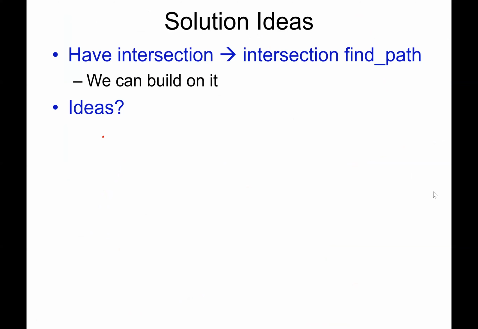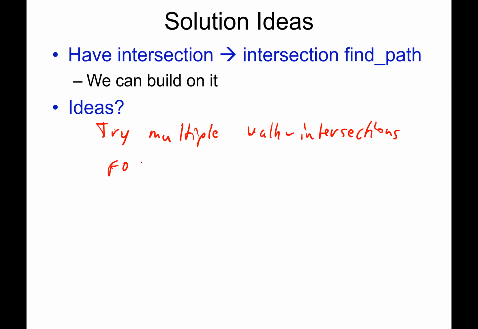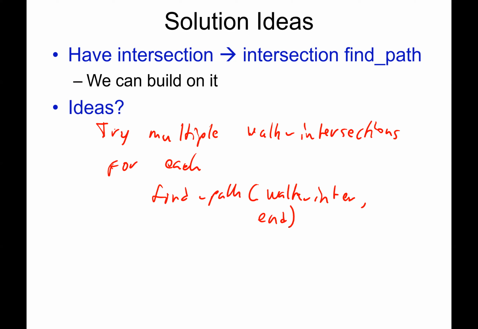Okay, so try multiple walk intersections. And for each one, you can basically use this find path function that we've already written from the walk intersection to the end intersection, okay?